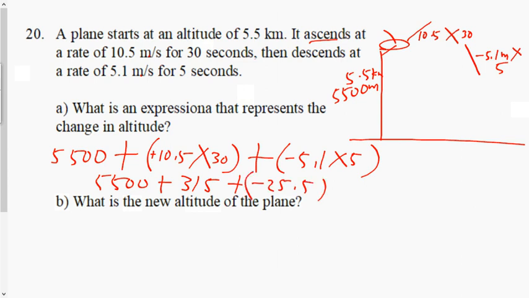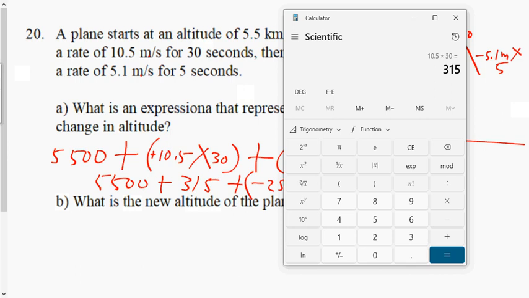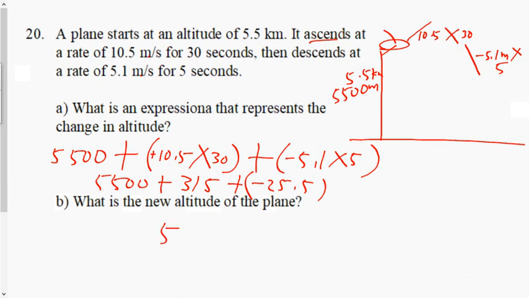When you add all those together, plus 25.5 negative plus 5,500 or 5.5 kilometers is 5,789.5 meters. And therefore, the plane is now 5,789.5 meters above the Earth.